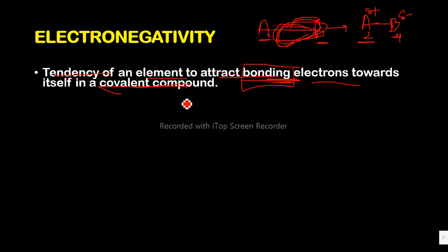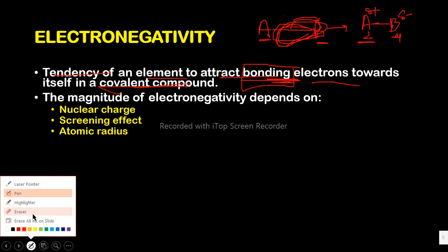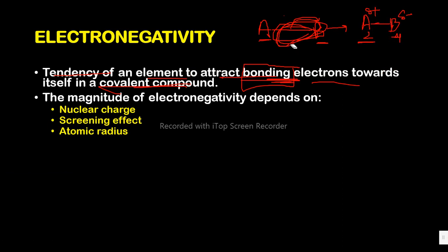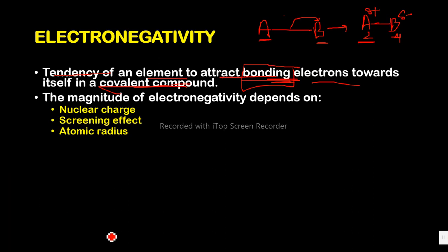And it is as simple as that, and I've already illustrated that. You have atoms A and B, and the two atoms are covalently bonded together. One is going to be more greedy, and more greedy, in this case, is more electronegative. So one atom is going to be more electronegative than the other.